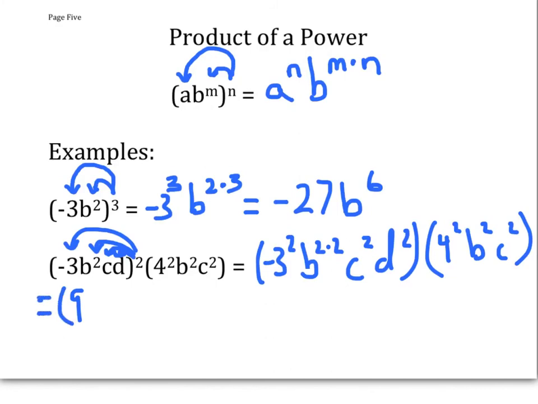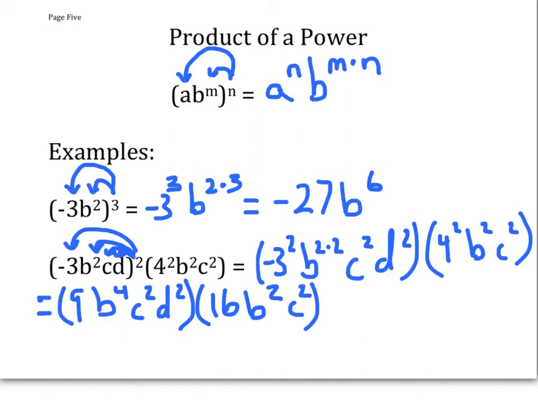And then if we have b to the 2 times 2, that's b to the 4th, c squared, d squared. We're multiplying that by 4 squared, which is 16. And then b squared, c squared.